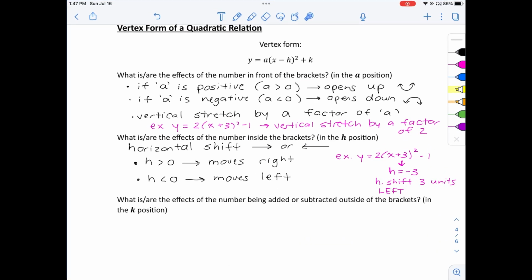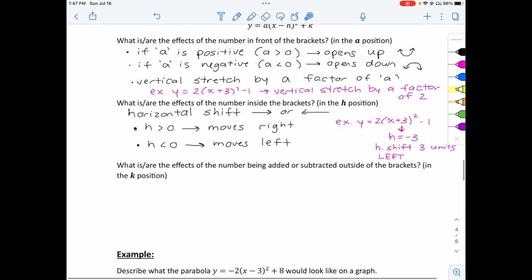Okay, so the effect that the k value has is it determines what the vertical shift is. So this is similar to when we looked at linear relations. So vertical shift is either going up or down.